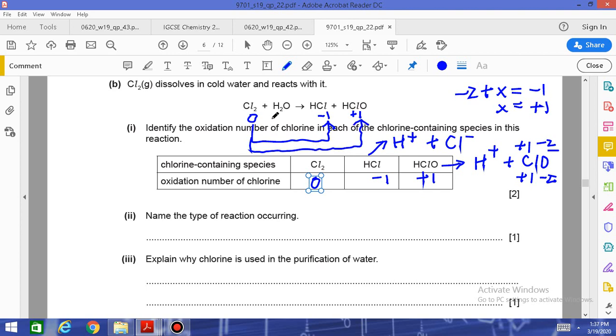So at the same time, chlorine gets reduced and oxidized. So it's disproportionation.